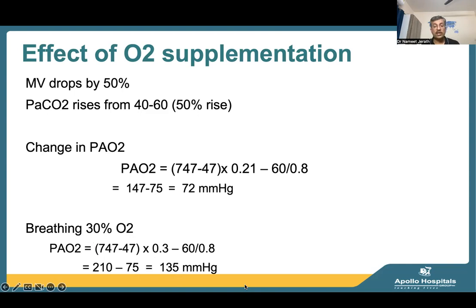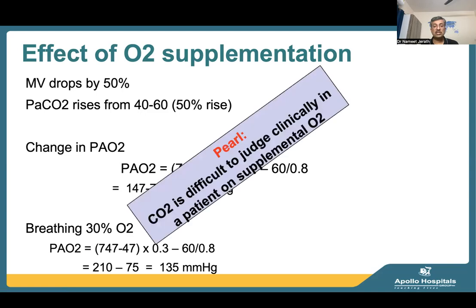It is a significant increase, which basically tells you once you have started a child on oxygen supplementation, it is very difficult to estimate the carbon dioxide. So till the child is on room air and saturating well, you can be reasonably assured that the carbon dioxide is okay.